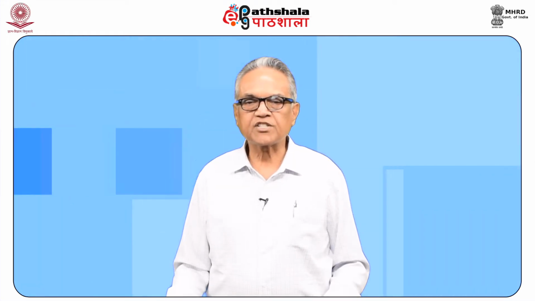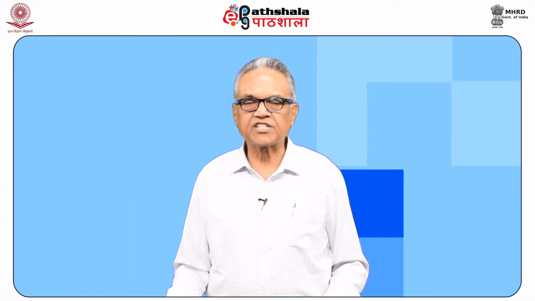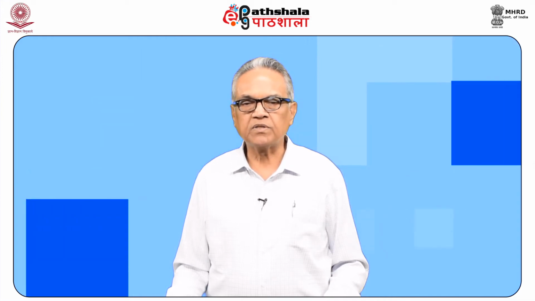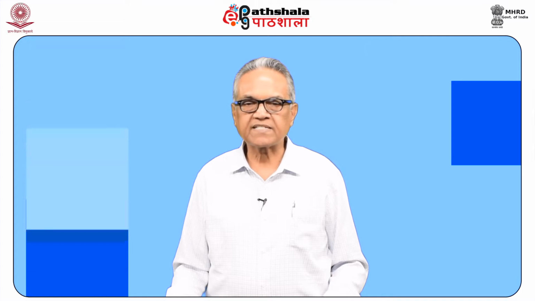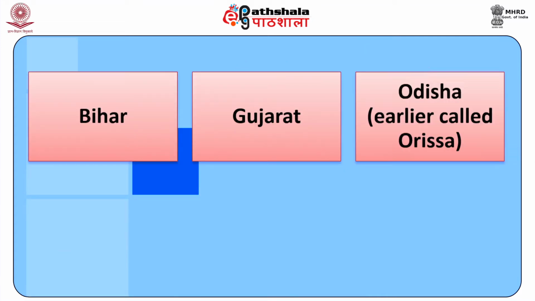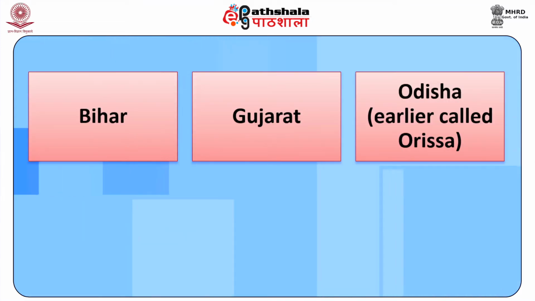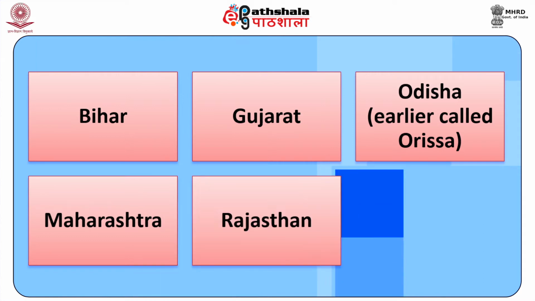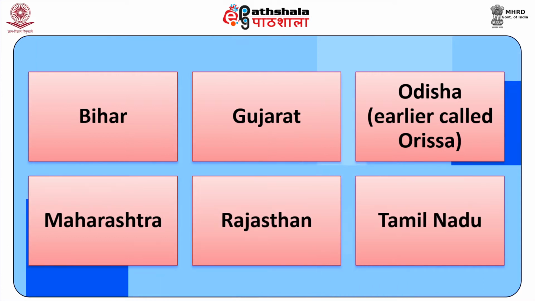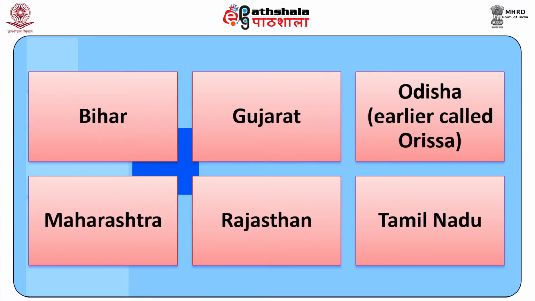Evaluation of adult education programs in some of the educationally better endowed as well as backward states like Bihar, Gujarat, Odisha, earlier called Orissa, Maharashtra, Rajasthan, and Tamil Nadu further corroborated the relationship between the motivation, learning outcome, and duration of the program.